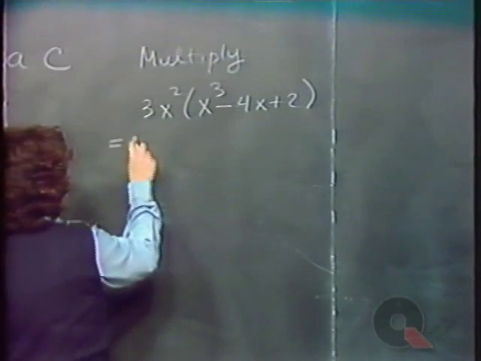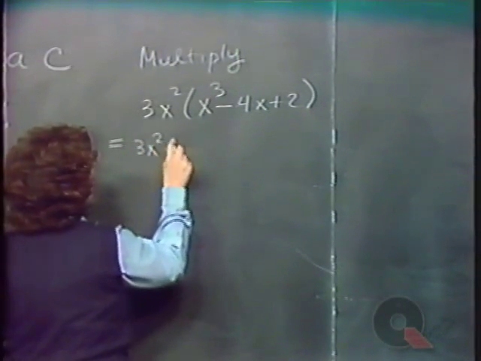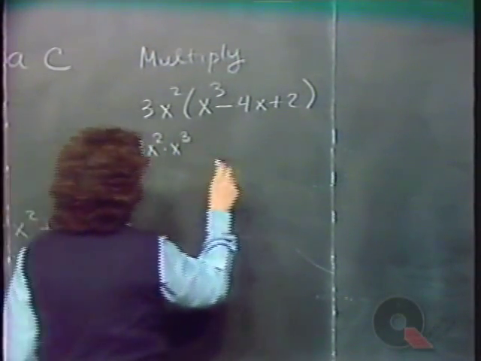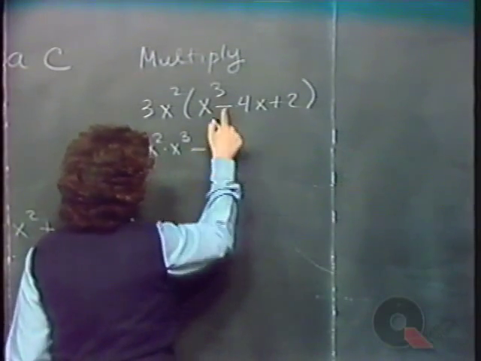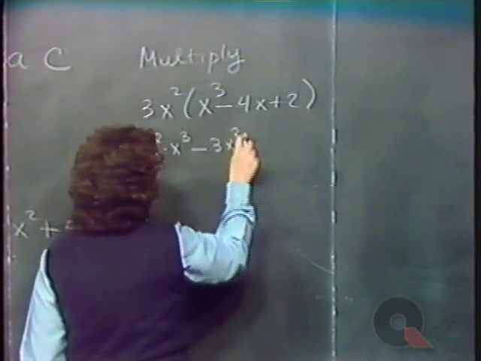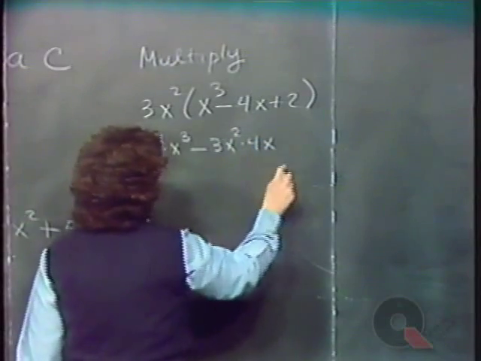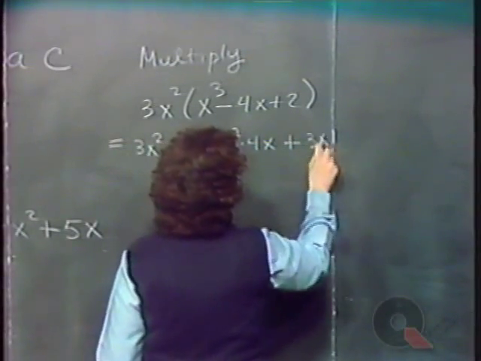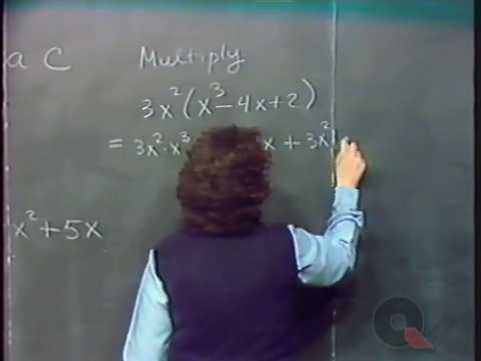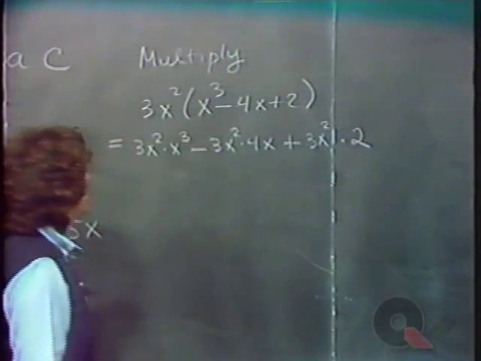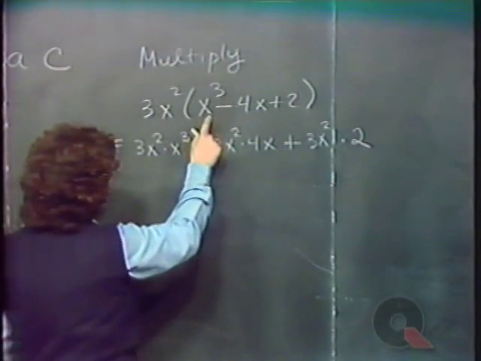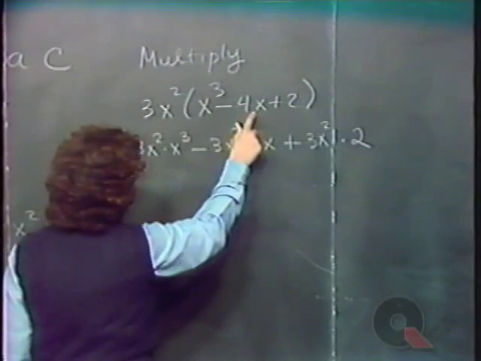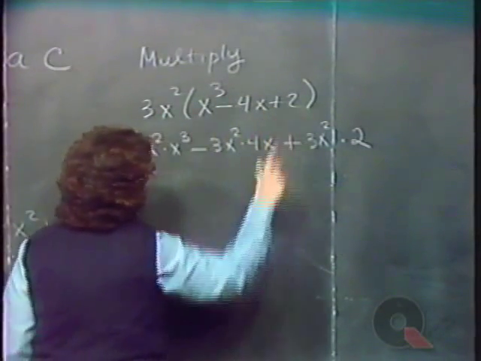So it'll be 3x squared times x cubed minus 3x squared times 4x plus 3x squared times 2.